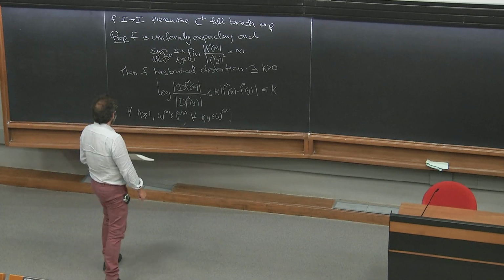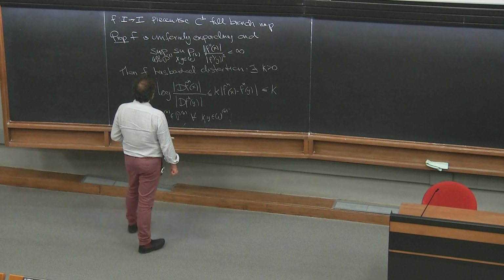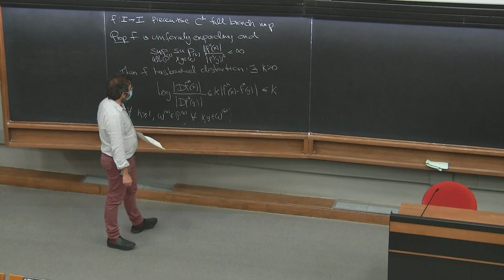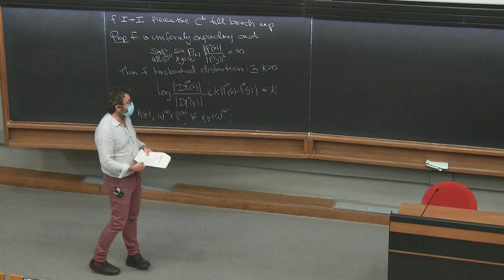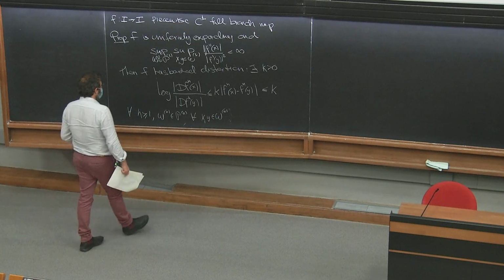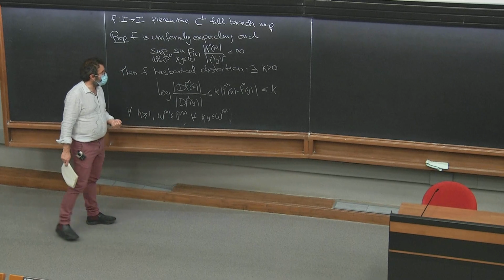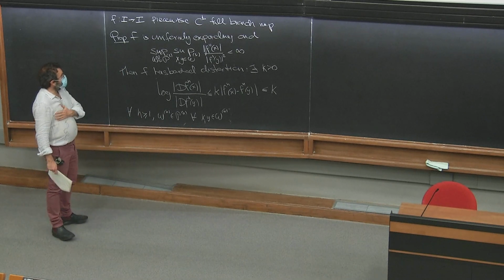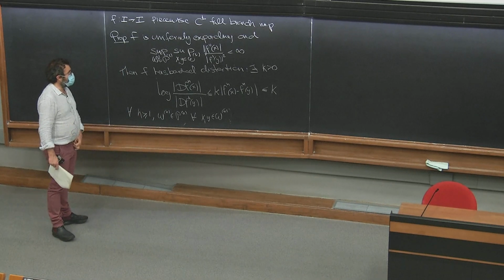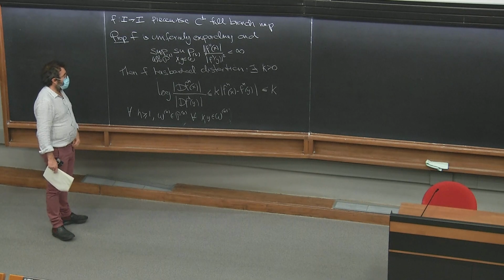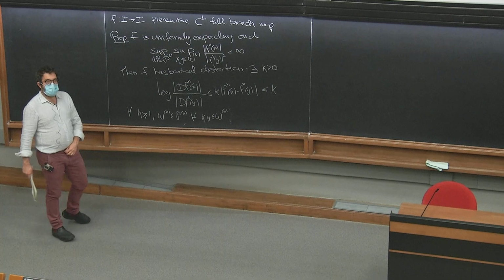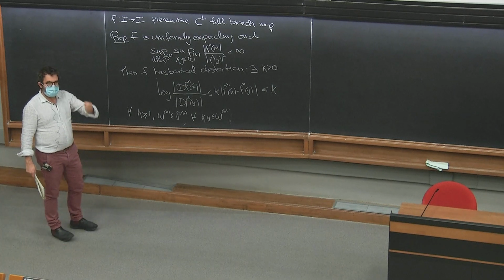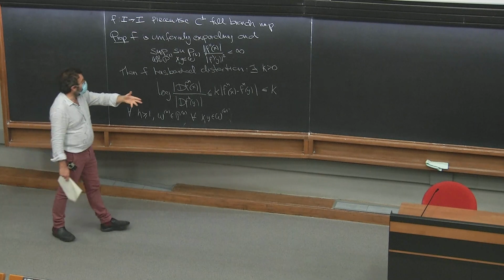So one difference between the assumptions and the conclusions of this result is that the assumptions, in principle, you can verify them just with one iterate of the map, right, by looking at the map.